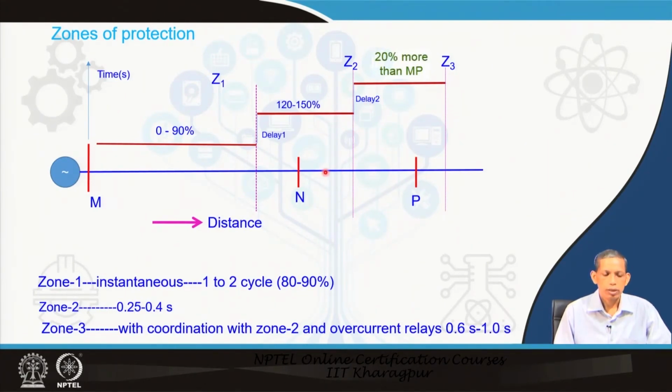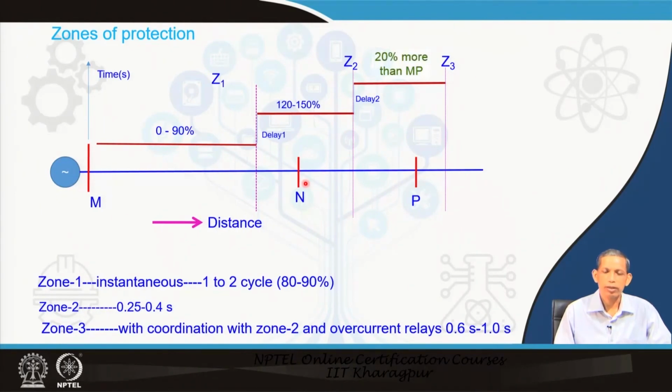Now, say faults in this section will be taken care of by either zone 1 or zone 2. If the fault happens to be here, the relay at Rn will take care of it in zone 2. So, therefore, the zone 3 at Rm should act after zone 2 of Rn acts. This is what we have drawn.